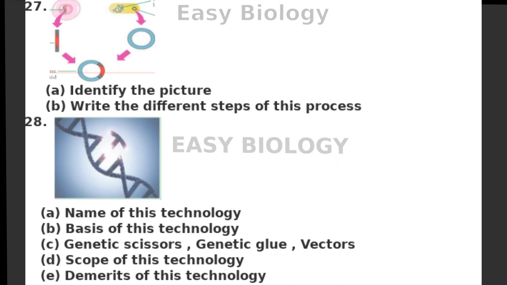So the first point is genetically modified varieties are a threat to indigenous varieties. Second point, genetic modification is a violation of rights. Genetic modification is an intrusion upon the freedom of living beings and it is a violation of rights.